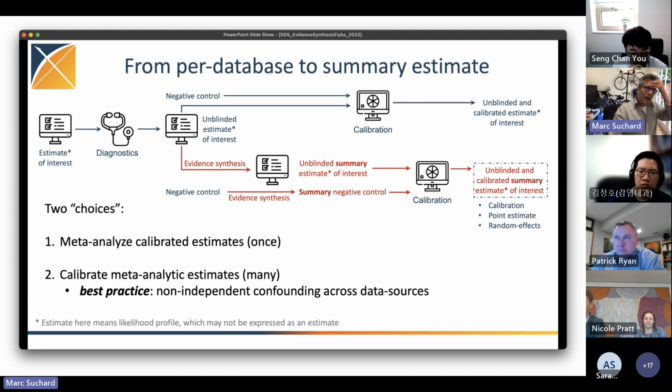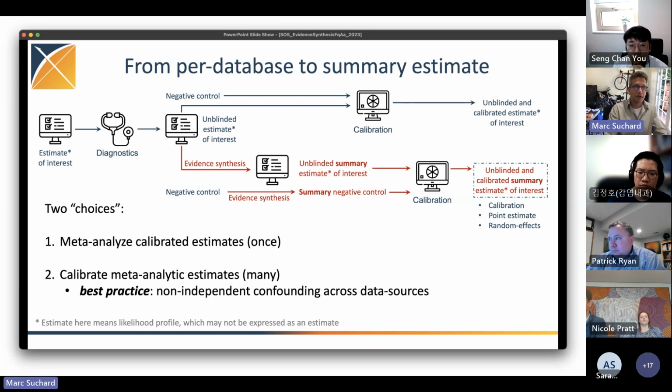And that begs a question of, when do we calibrate based on our negative controls? You can think of it as two choices, right? Within a data source, I might calibrate my estimates for those negative controls, and then send the likelihood function, if one existed, of that calibrated estimate back to our study coordinators.